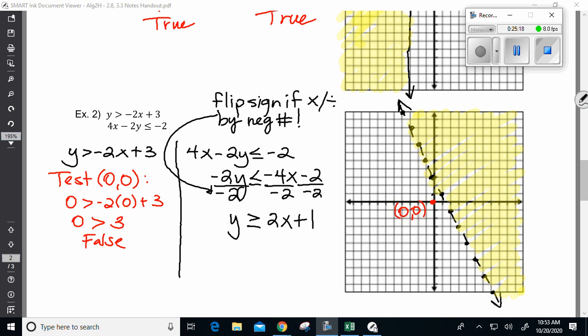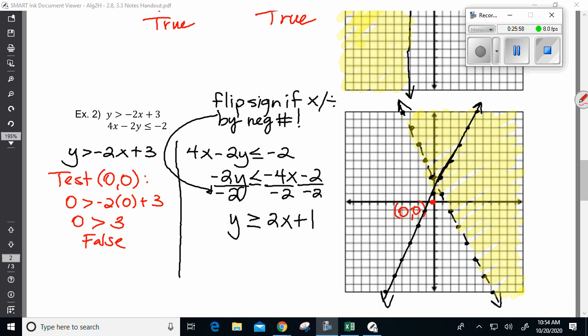Y-intercept is 1, up 2, right 1 for my slope. My sign is greater than or equal to, so I should have a solid line. Now I gotta pick another point to test.